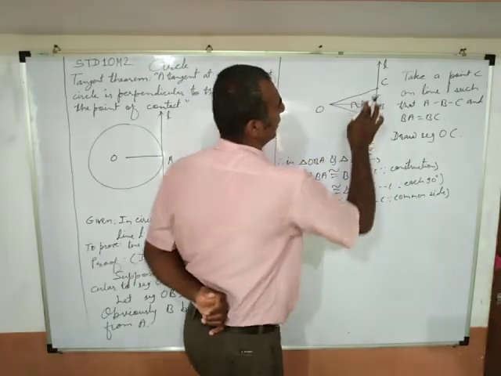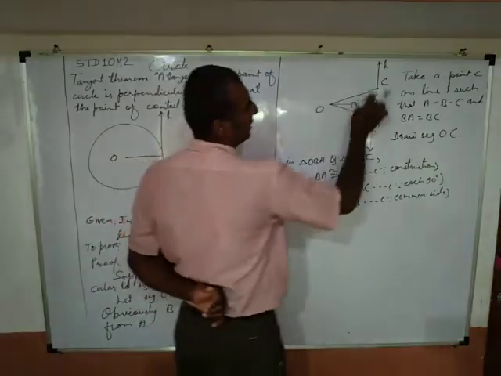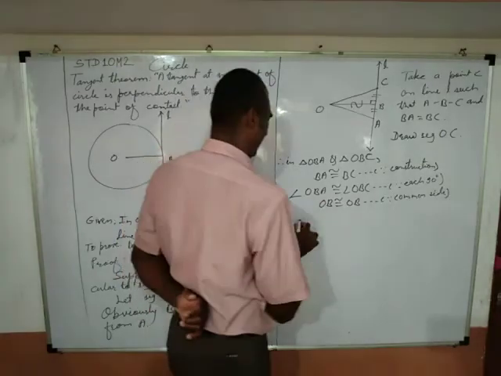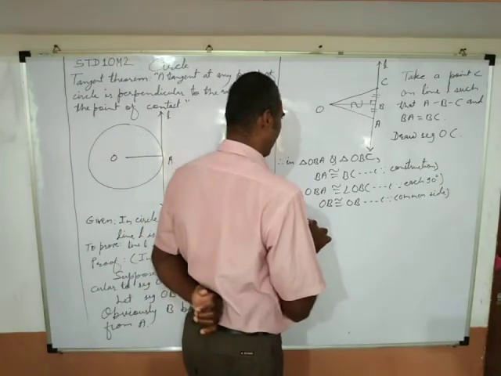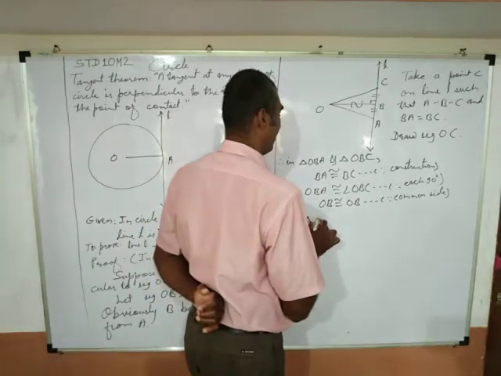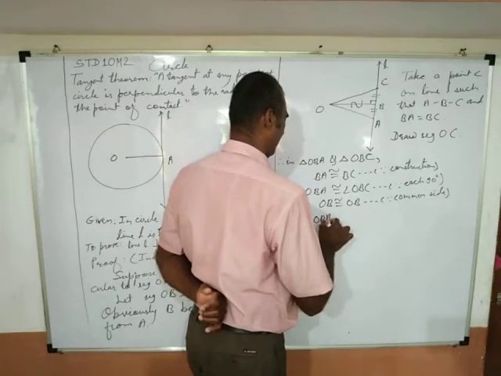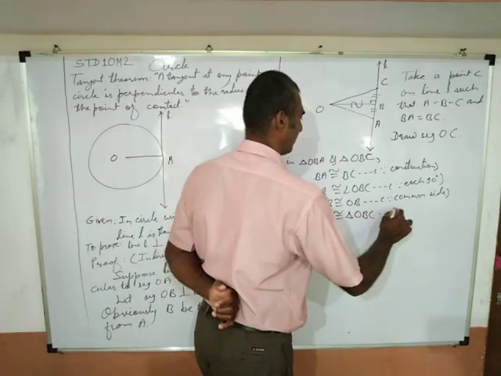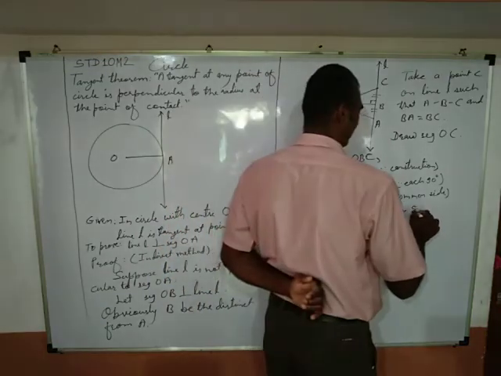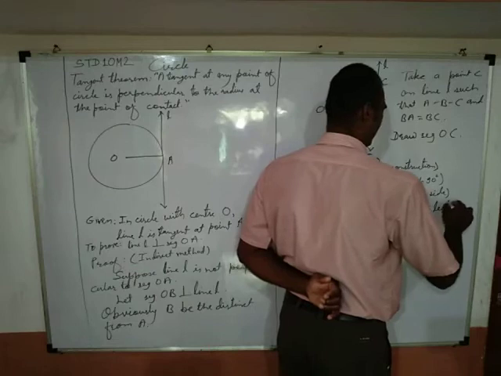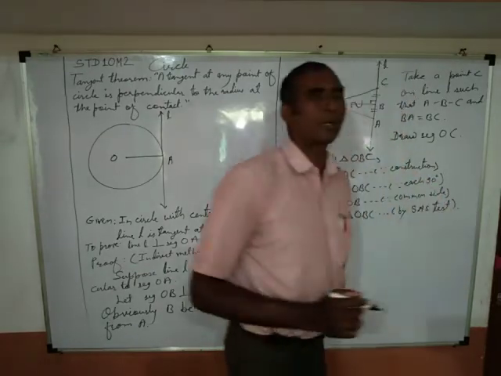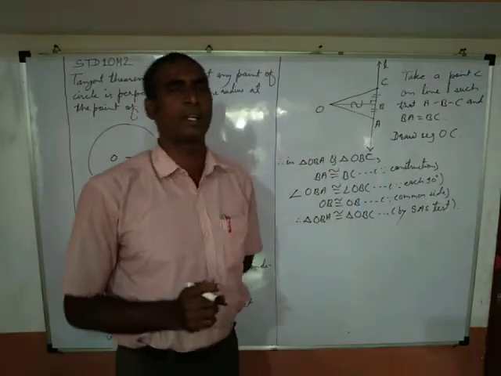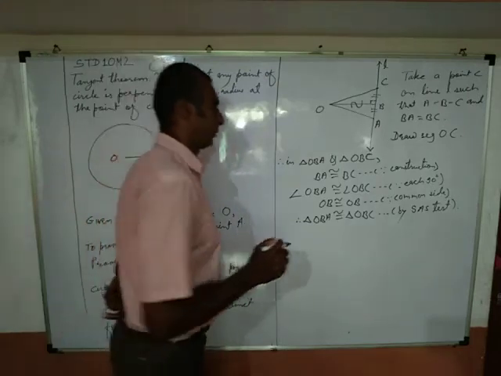Now you may note these two triangles are congruent by the SAS test. Therefore, triangle OBA is congruent to triangle OBC by SAS test. And we know that if two triangles are congruent, then their corresponding elements are congruent.